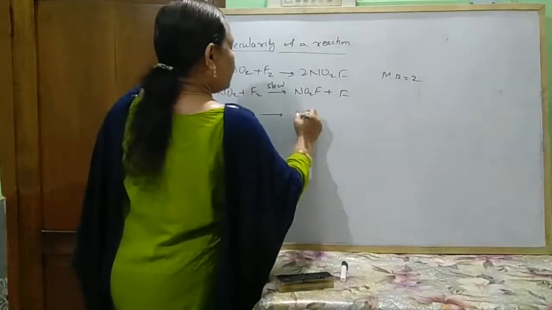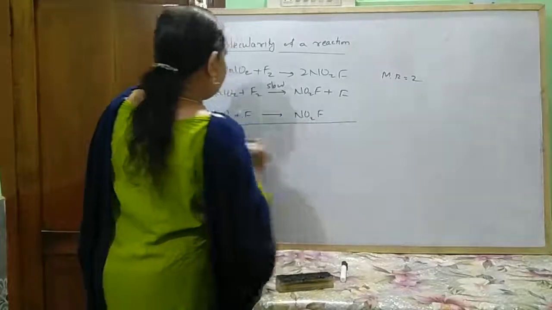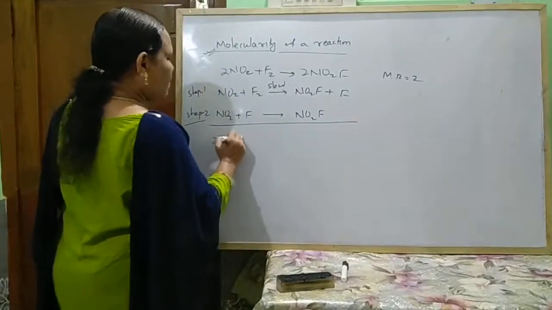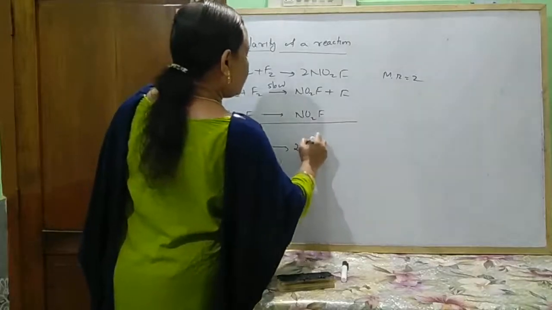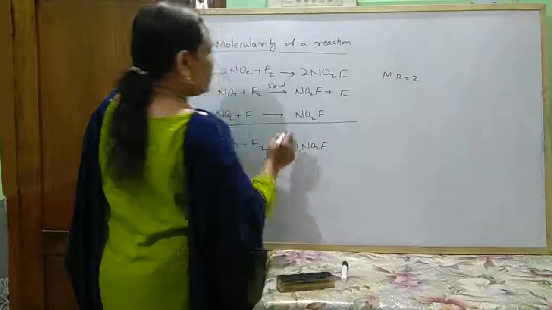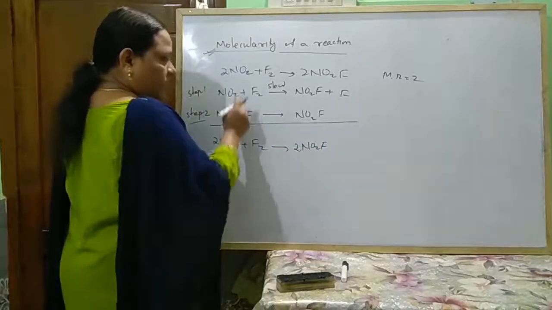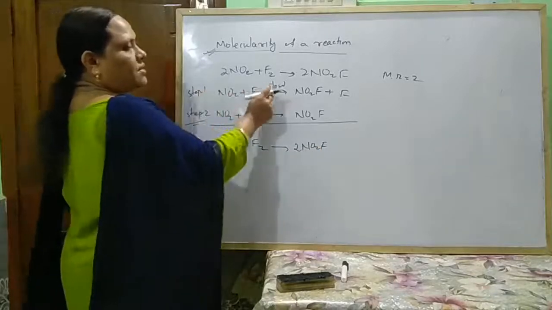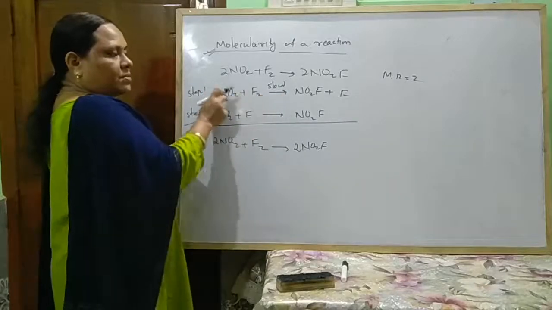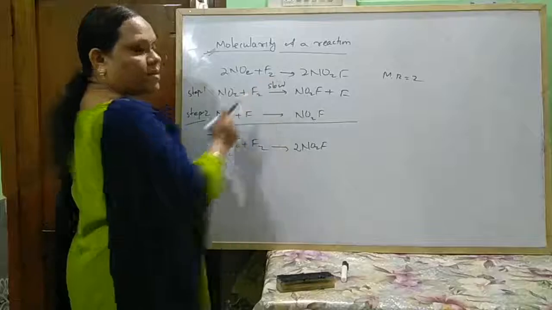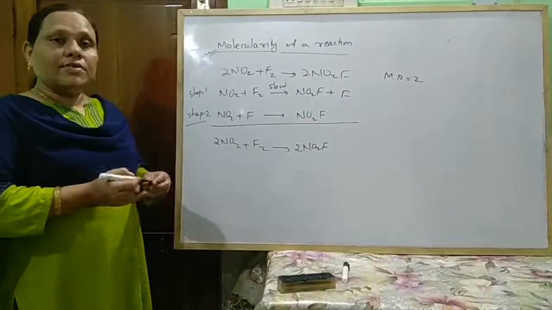The overall reaction is 2NO2 plus F2 gives rise to 2NO2F, but step 1 is the slow step. In the slow step, 2 molecules simultaneously collide to bring about the reaction. In this way, this is known as the molecularity of the reaction.